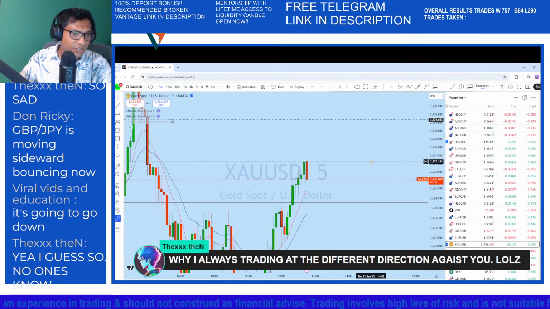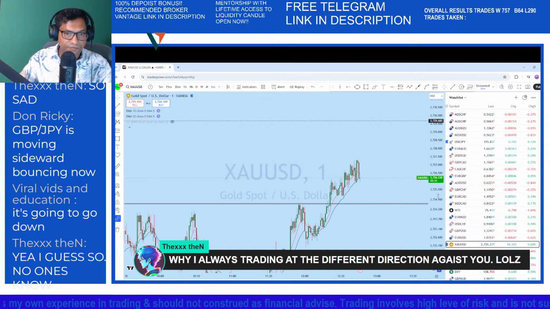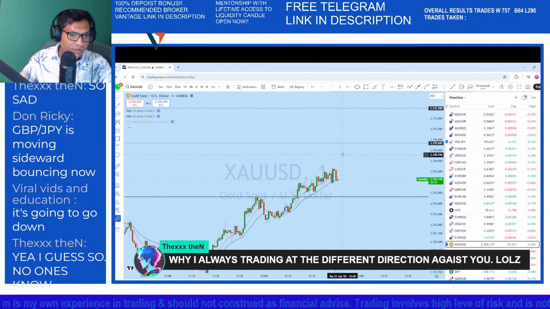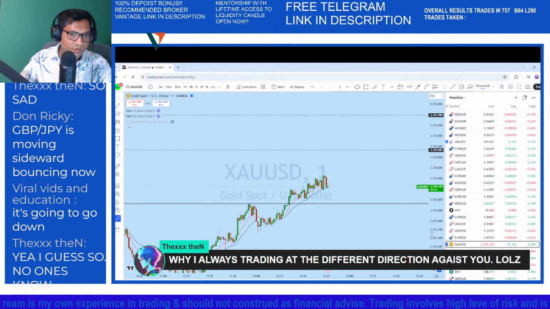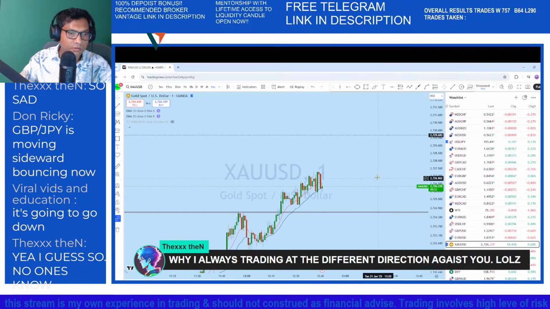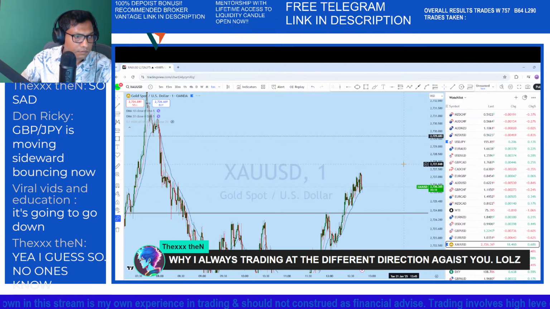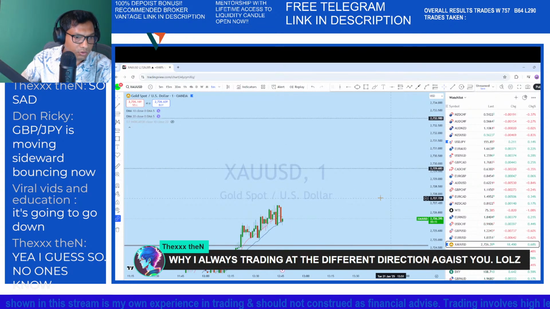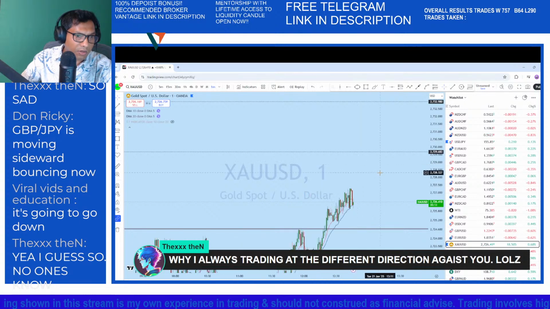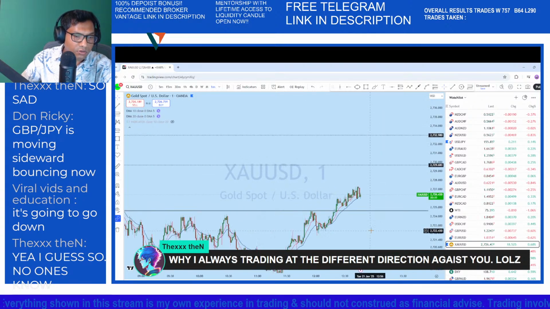This is the 5 minute chart and the lower time frame, 1 minute, with a series of higher low formations. So we might see it bouncing back to that liquidity zone.